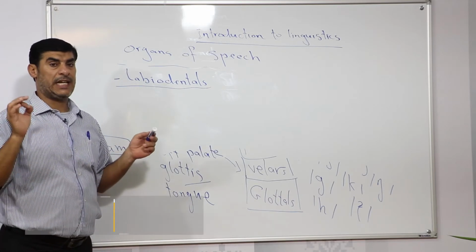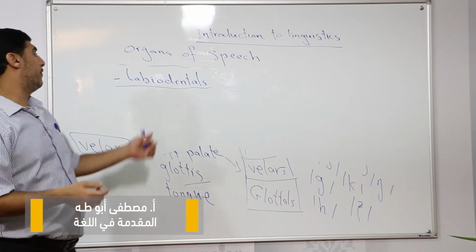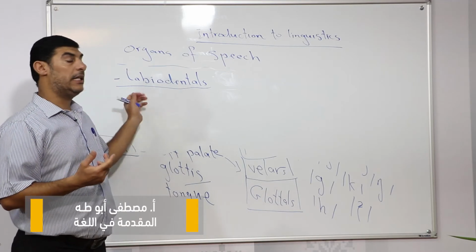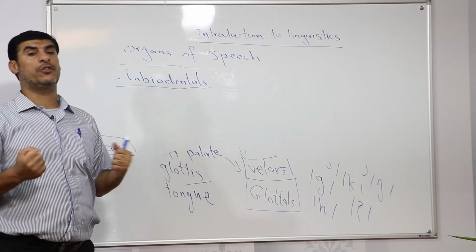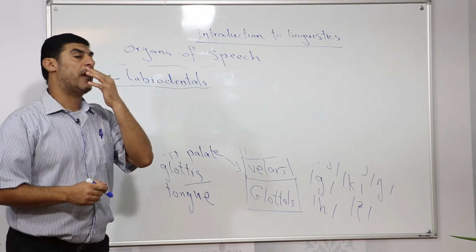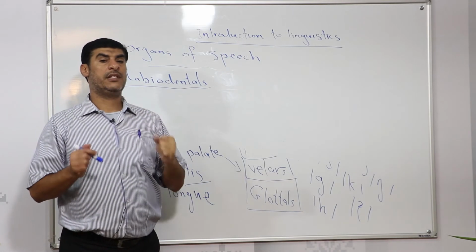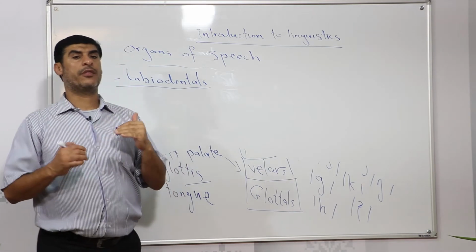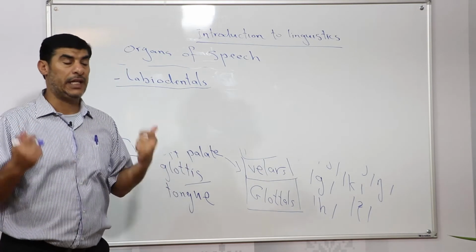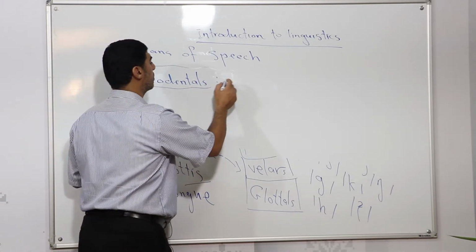When I say labiodental, this means that the teeth, because of dental, and the lips are needed to produce it. When I say fa, fa, va, you will see that the lower teeth and the upper lip are needed to produce these two phonemes or two sounds.